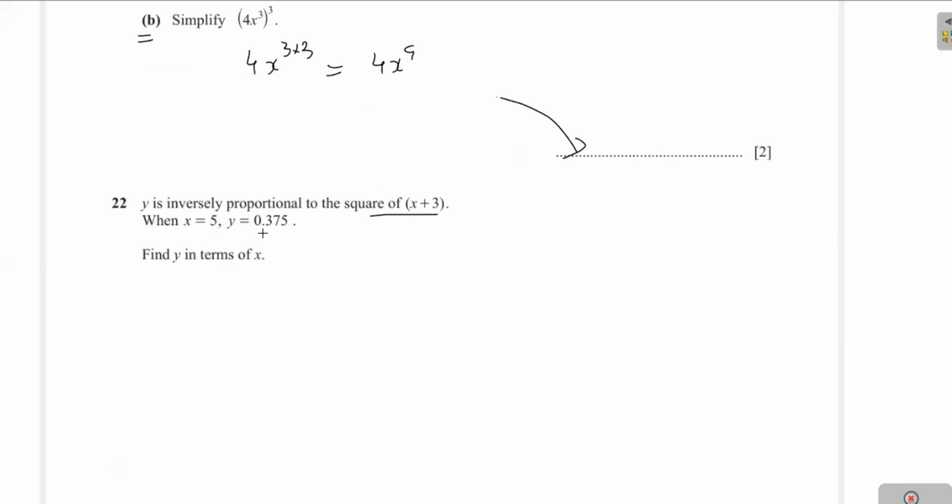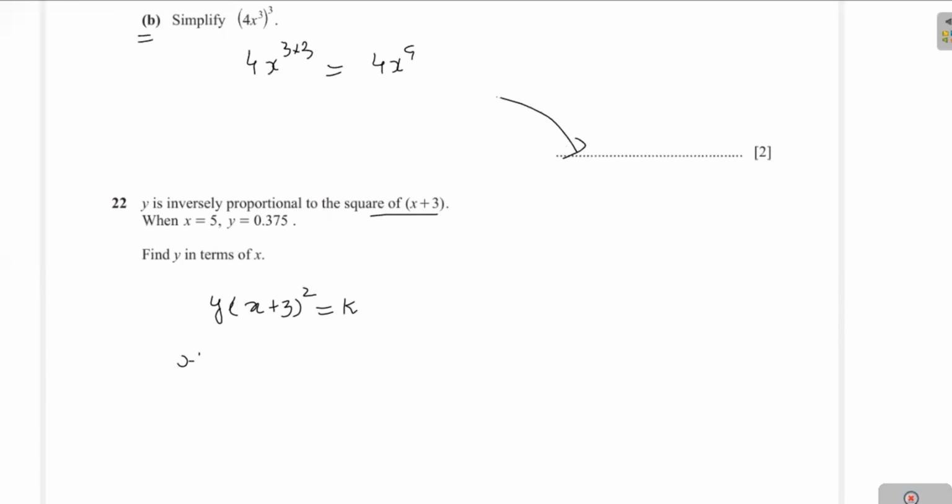Next question number 22, y is inversely proportional to the square of x plus 3. When x is equal to 5, y equals 0.375, find y in terms of x. This will be the product of y into (x plus 3) whole square equal to k. This is the inverse equation of inversely proportional. To calculate k, we substitute the values of x and y.